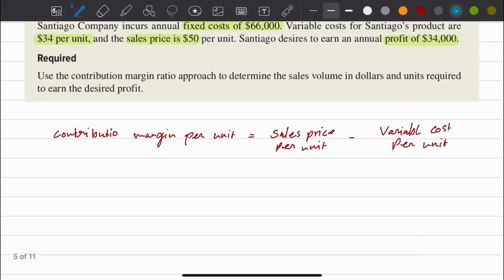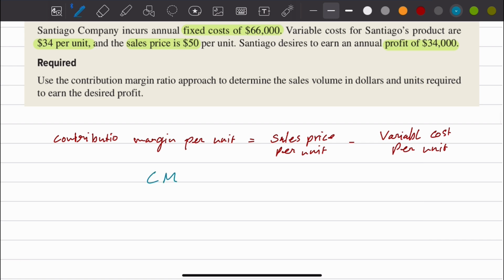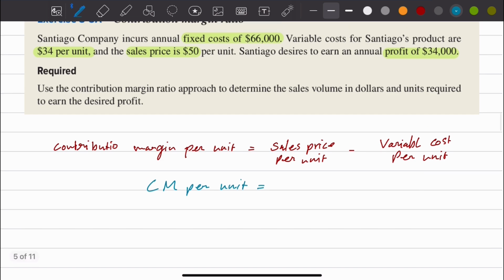So that means for this case, the contribution margin per unit is going to equal $50 here minus $34. So $50 minus $34, and that equals $16. Okay.